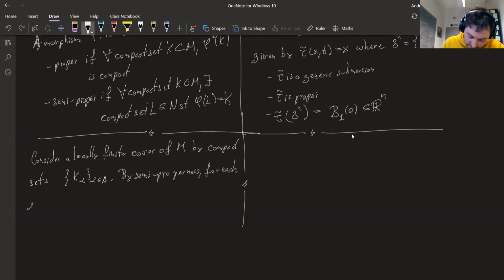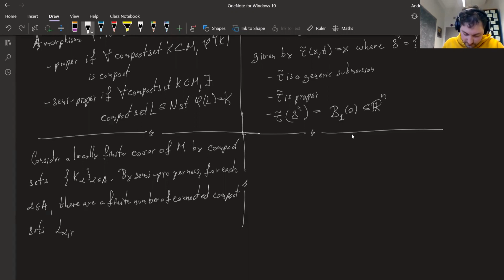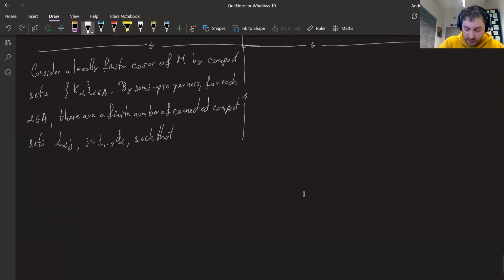for each alpha, there are a finite number d, depending on alpha, of connected compact sets L alpha j, such that the image by the mapping of the union of these L alpha j's is equal to K alpha.